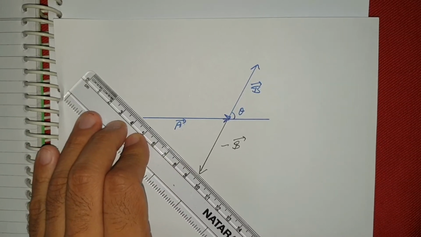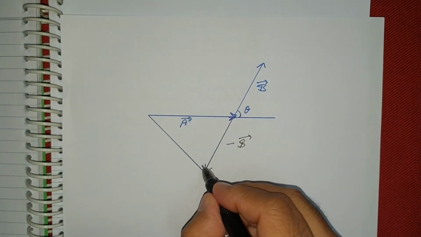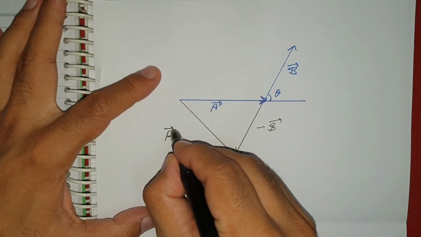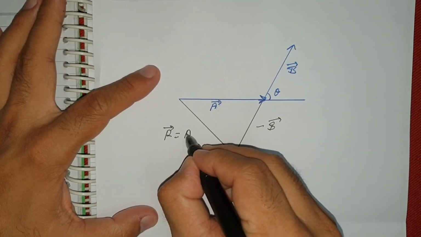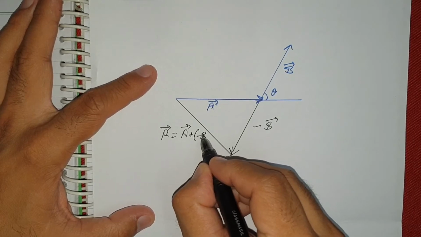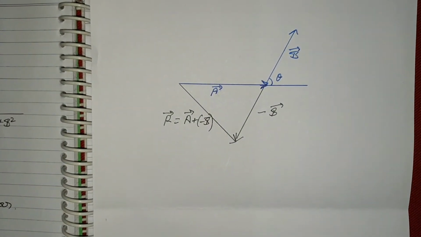The resultant will represent vector A plus minus B vector. So this is how the subtraction of vector works.